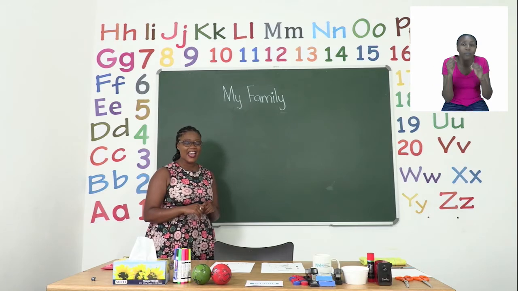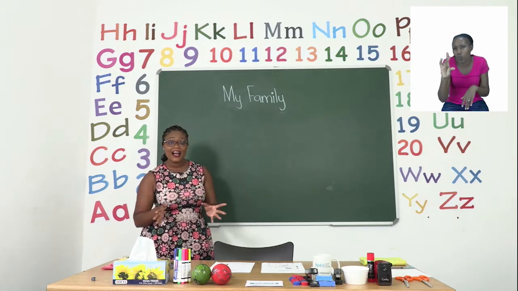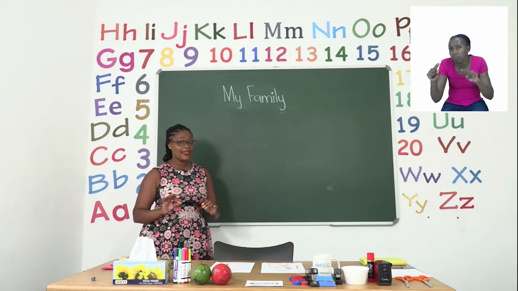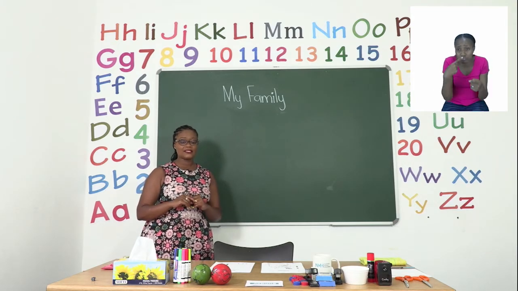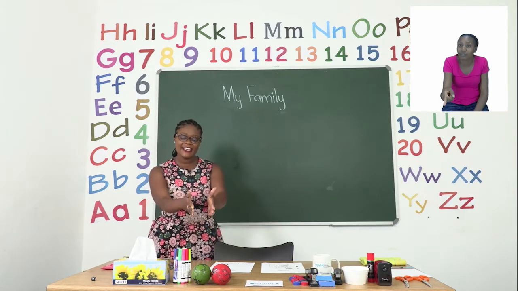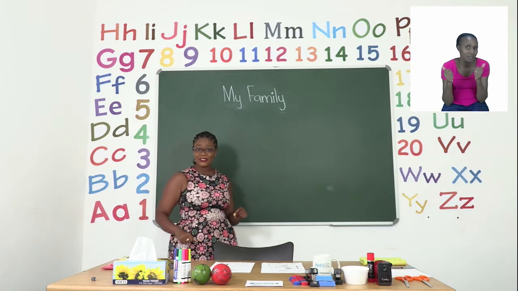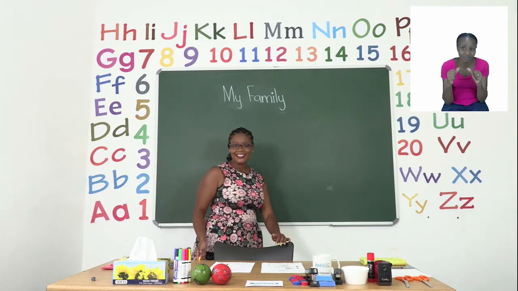Very good. And if it is a dog, a cat, or any other animal or thing, we can point to it and say it. Wonderful. Now let's go back to our exercise.